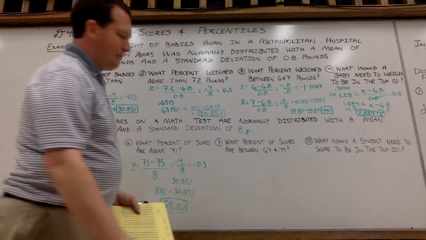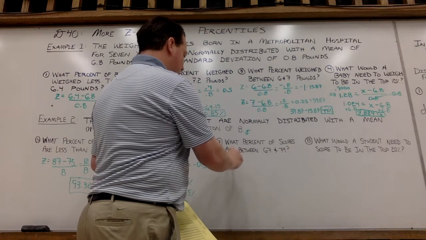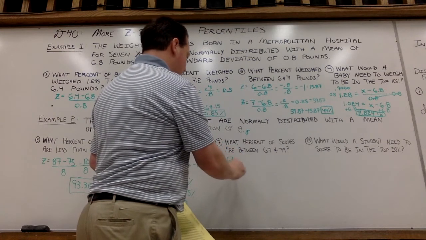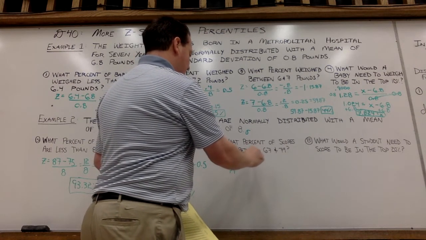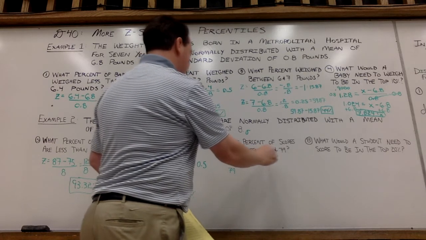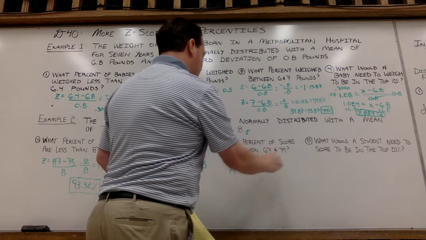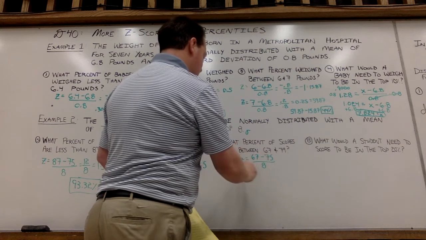All right, the brutal one, between 67 and 79. Observation minus mean of 75 divided by standard deviation of 8.